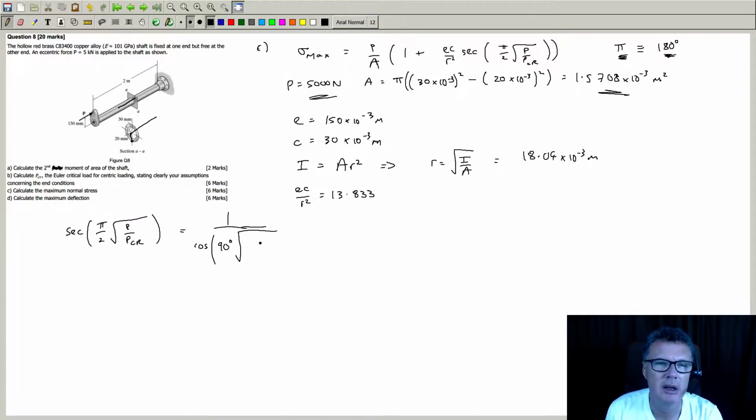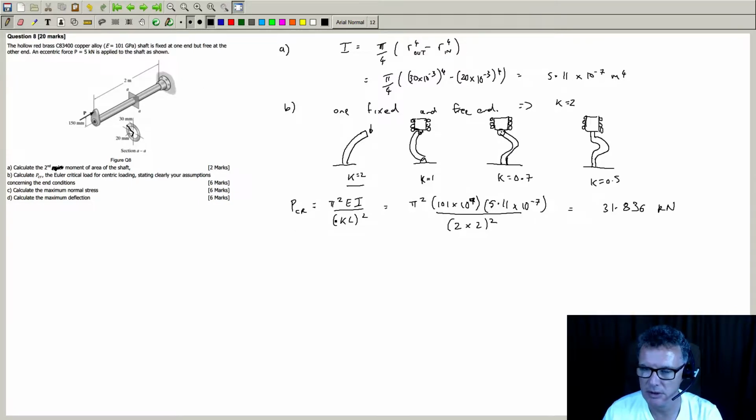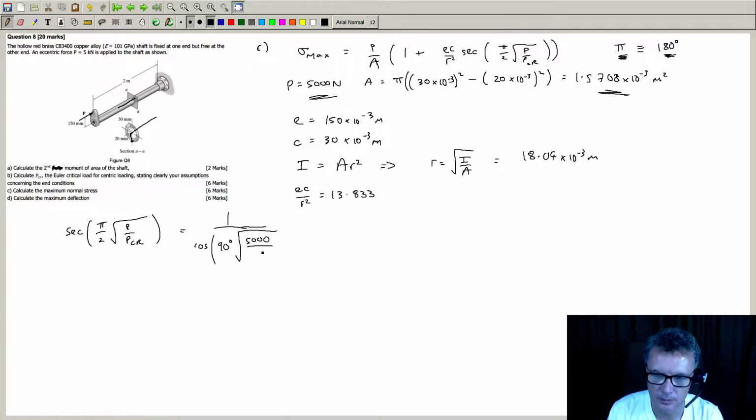So the P is the 5000 and the P critical is 31.8, so 31,836. And that gives me a value of 1.231.